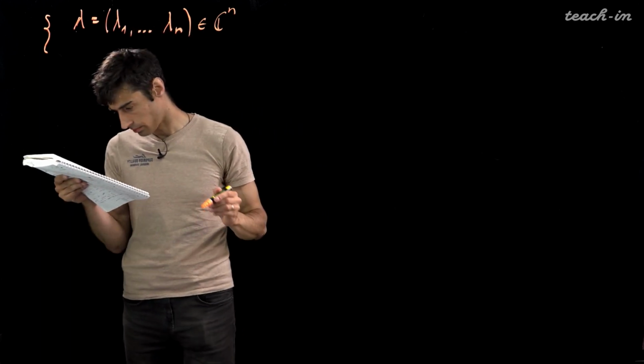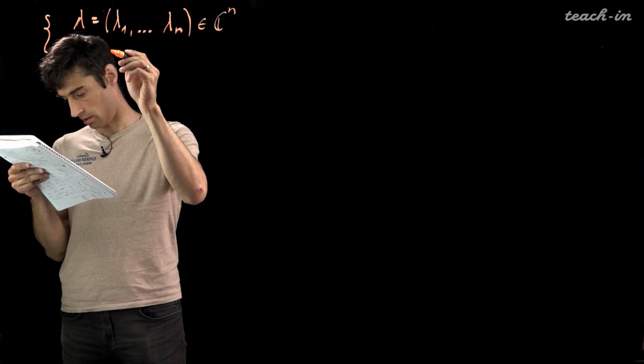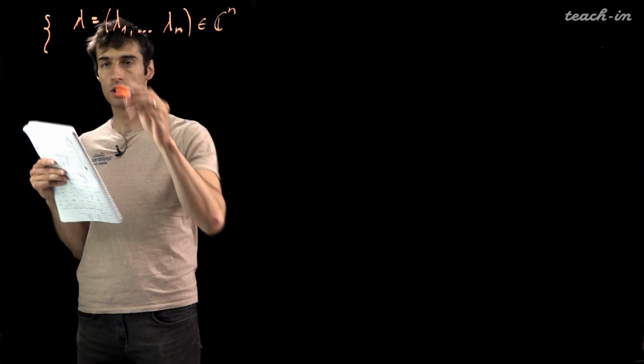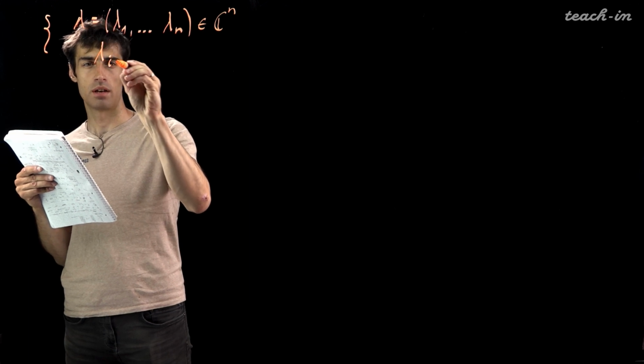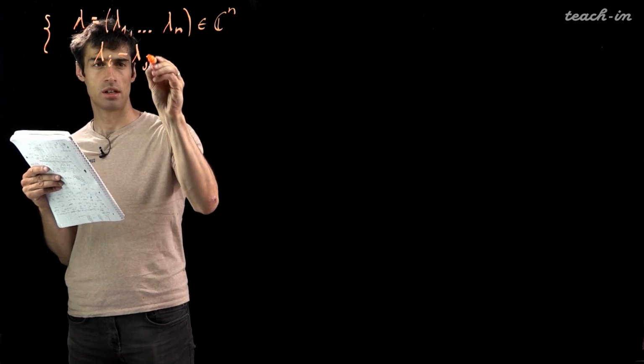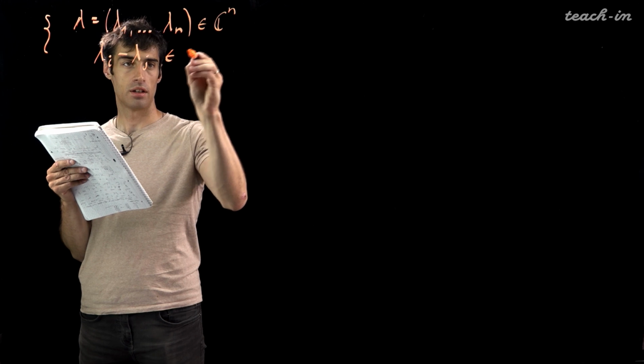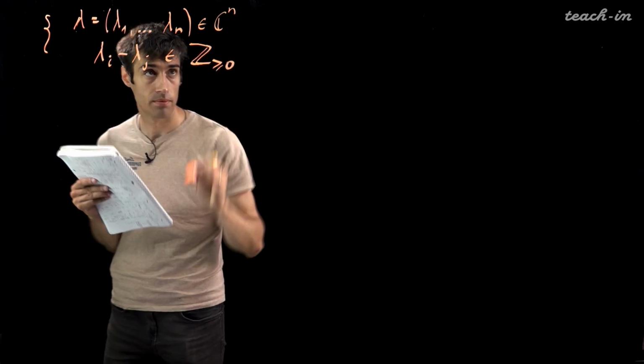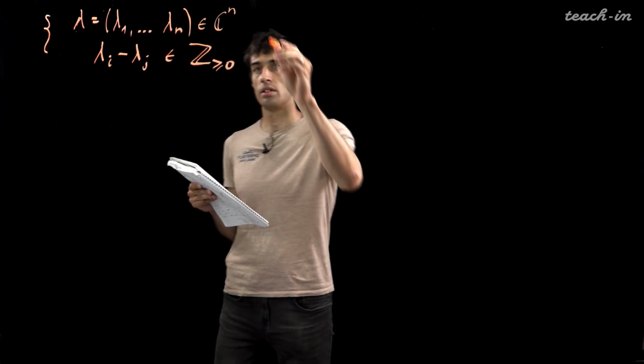And these lambda_i's satisfy the following property: lambda_i minus lambda_j is, first of all, an integer, but it's also a non-negative integer. So this is one set.